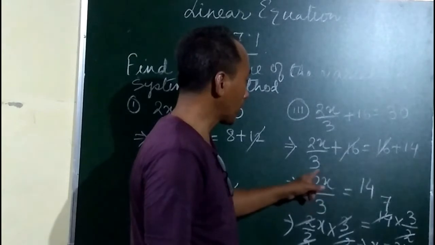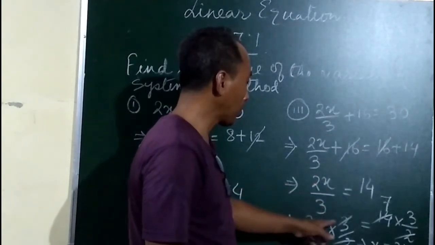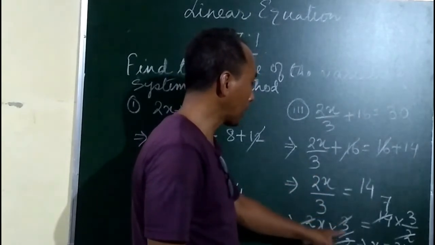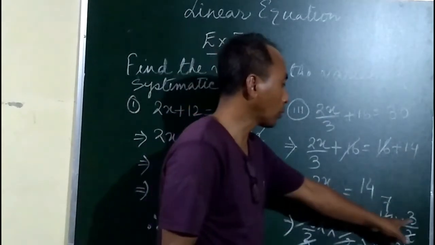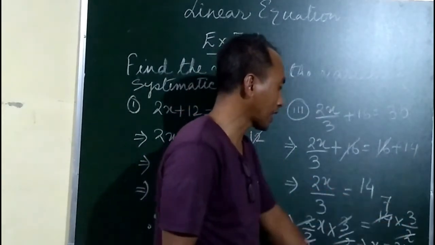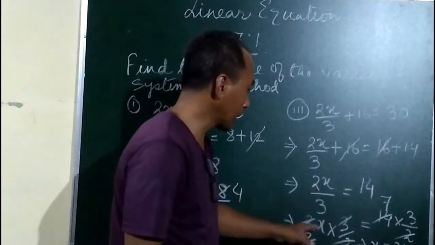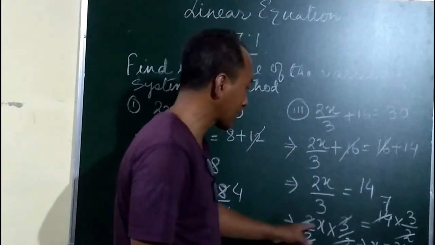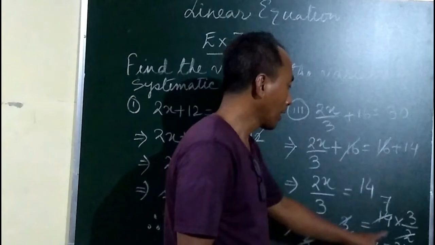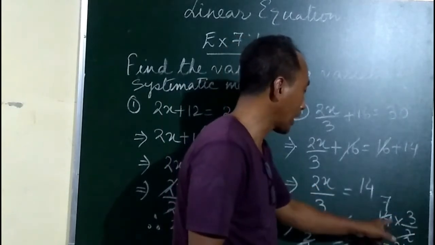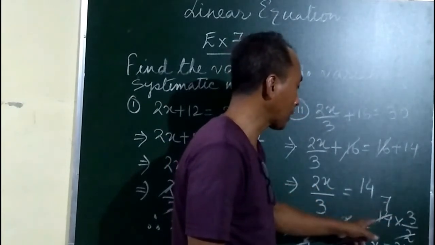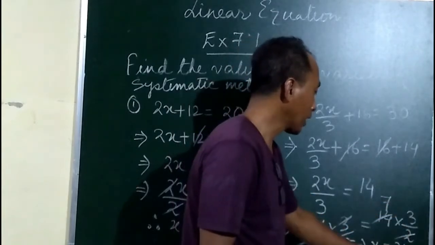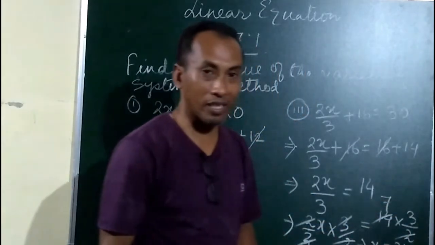Since we have to remove this 2 by 3, we multiply by 3 by 2, and we multiply 3 by 2 on the right hand side also. So this 2 and this 2 get cancelled, this 3 and this 3 get cancelled, x remains as a variable. Here 3 by 2 multiplying, so 14 can be cancelled by 7. 7 3s are 21. So the value of x is 21.